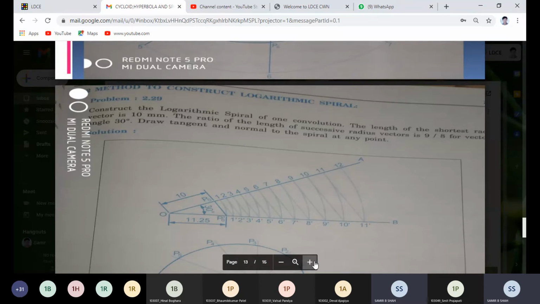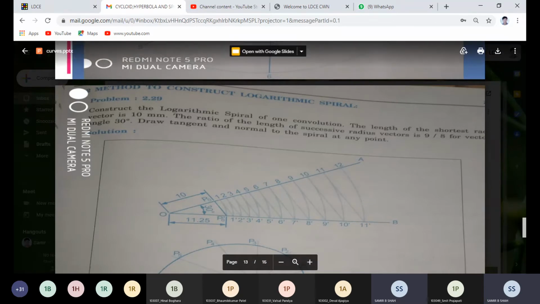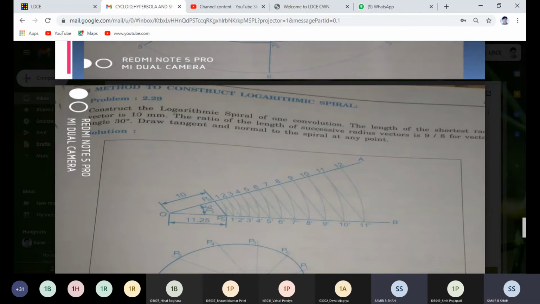So 9/8 into 10 is the distance of O to P0 dash. 9/8 into 10 means 11.25. So the distance from O to P0 dash is 11.25. Mark P0 at 10 mm and P0 dash at 11.25.